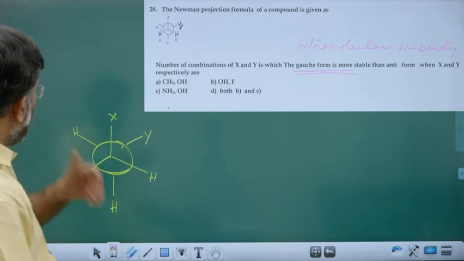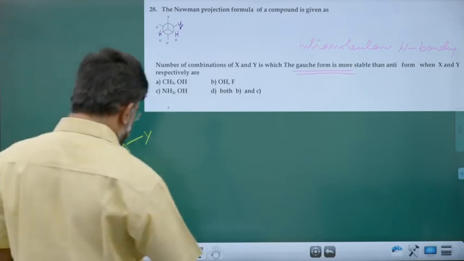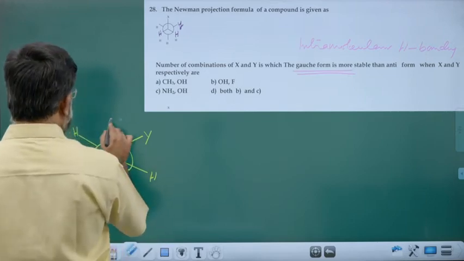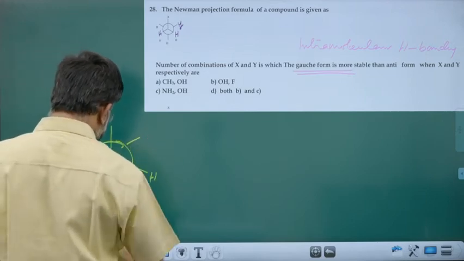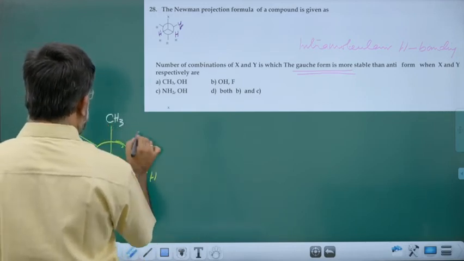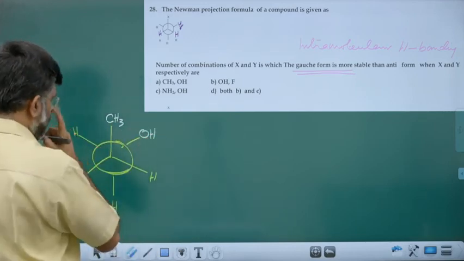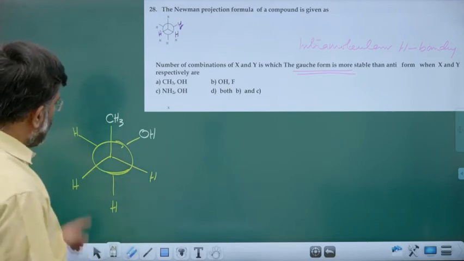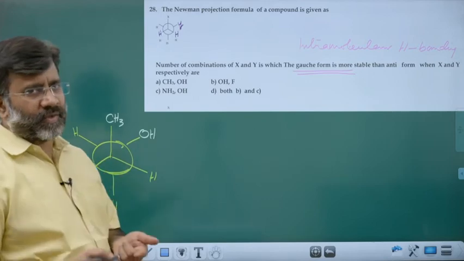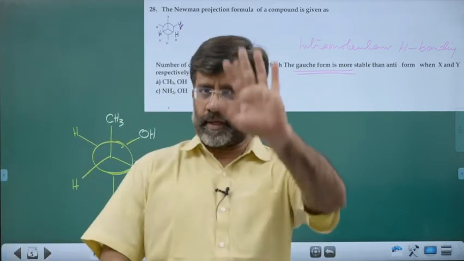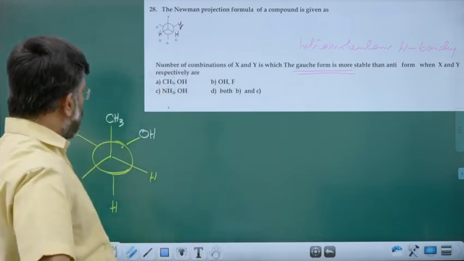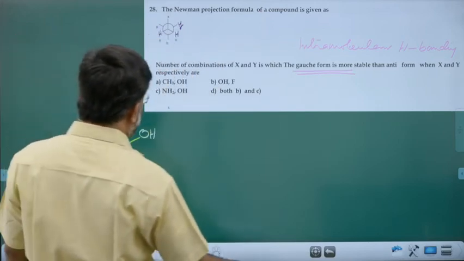Imagine option A: instead of X and Y, I am giving CH3 here and OH here. Please try to understand, there is no possibility of hydrogen bonding between the CH3 group and the OH group. So option A is ruled out.